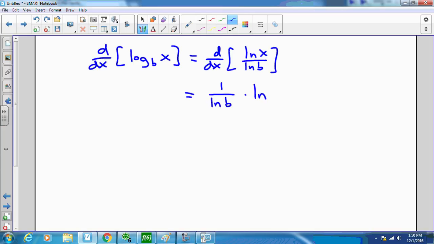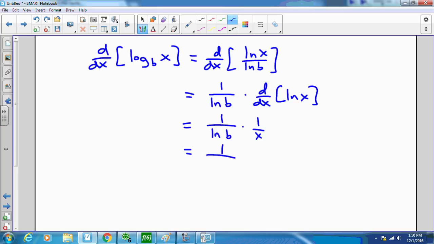And 1 over ln b is a constant, and therefore it comes to the outside. And we usually write that, to avoid confusion, as 1 over x ln b.